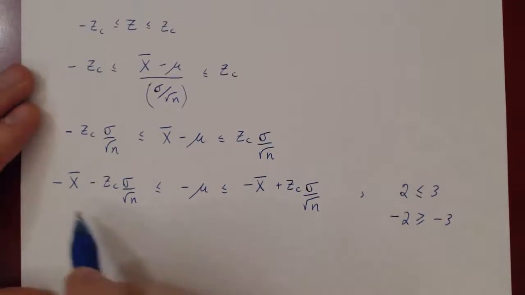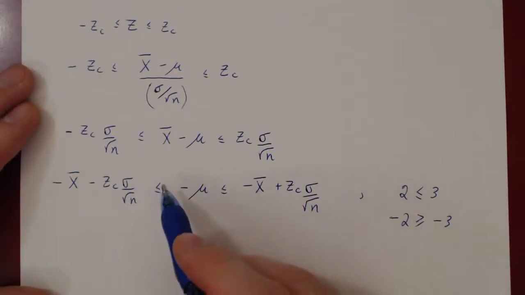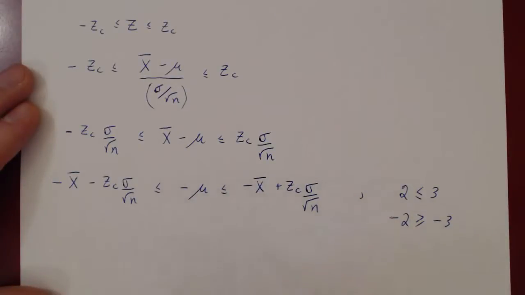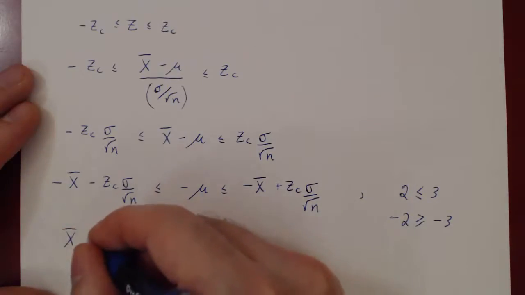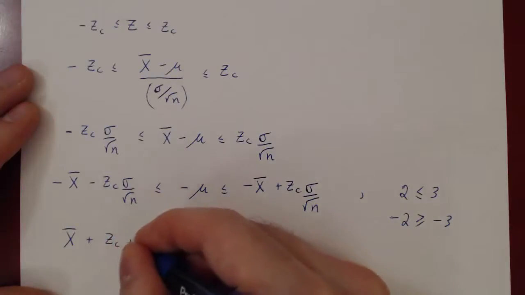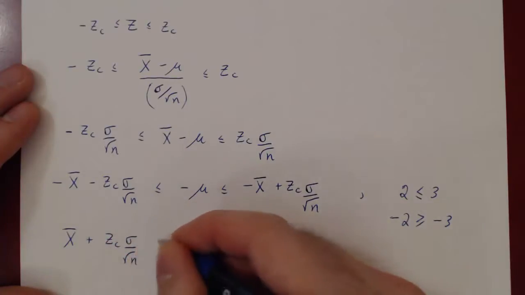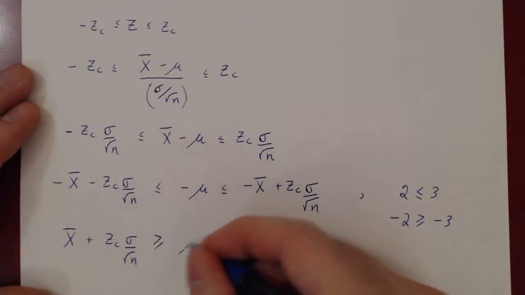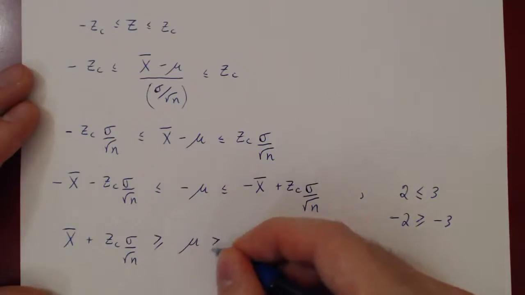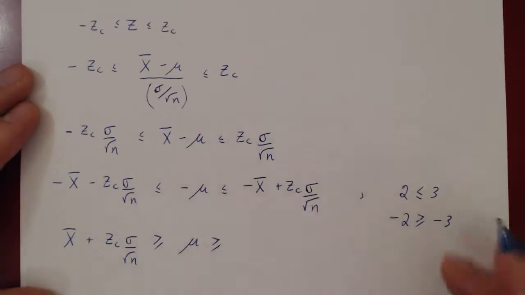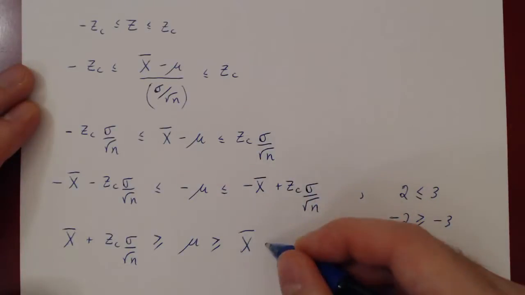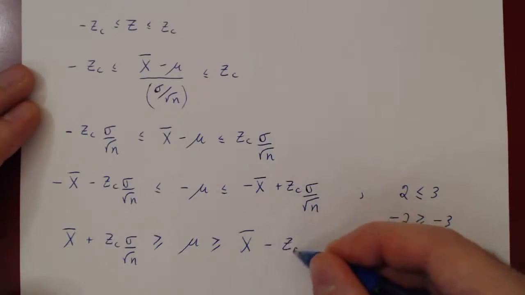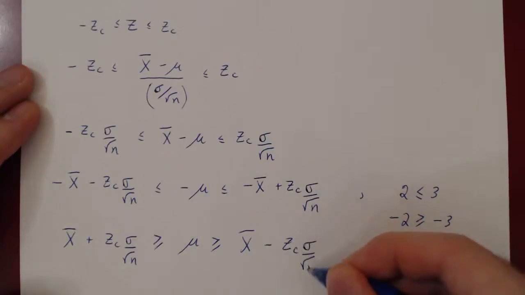So we will here negate across, but these will become in the opposite direction. So if you negate this, we'll get x bar plus ZC sigma over root of n is greater than or equal to mu. Greater than or equal to, reverse the two inequalities. Negate this, you'll get x bar minus ZC sigma over the root of n.